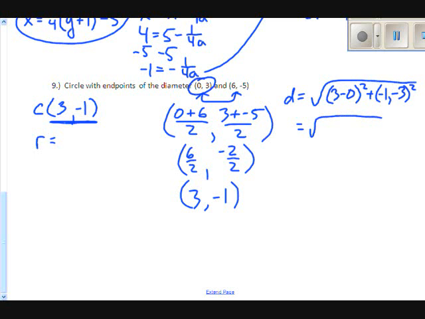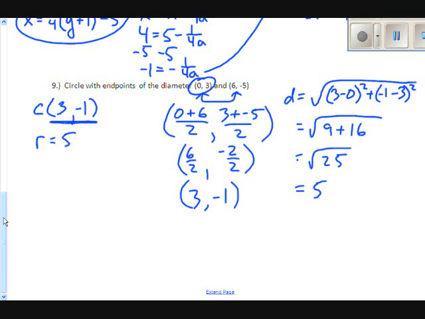So that's the square root of 9 plus -1 minus 3, which is a -4. -4 squared is 16. So that's the square root of 25. So the radius is 5.